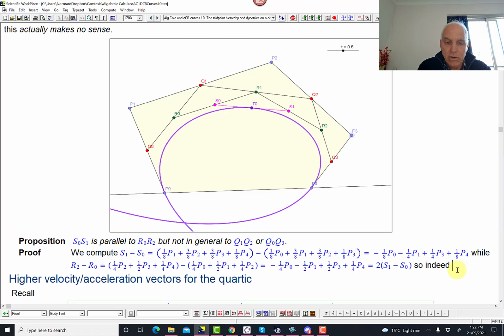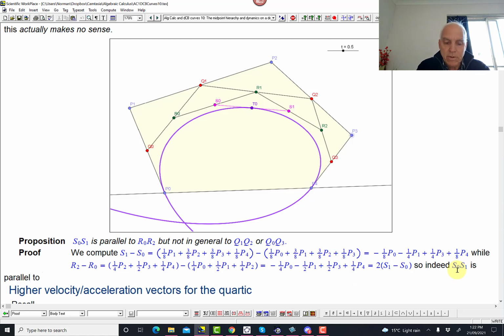So indeed, we can conclude that S0, S1 is parallel to R0, R2. And I'll leave you to calculate expressions for the vector between Q1 and Q2, say, or between Q0 and Q3, and convince yourself that those vectors are not multiples of S1 minus S0.